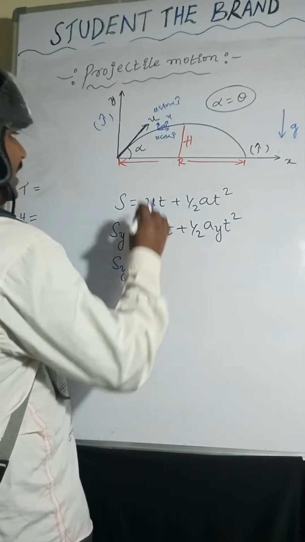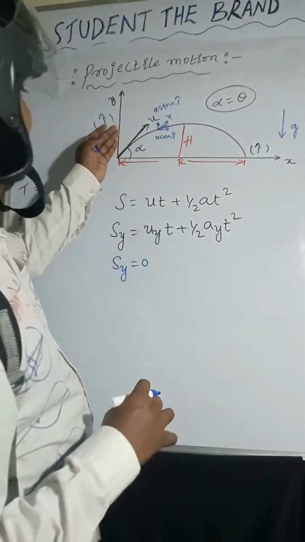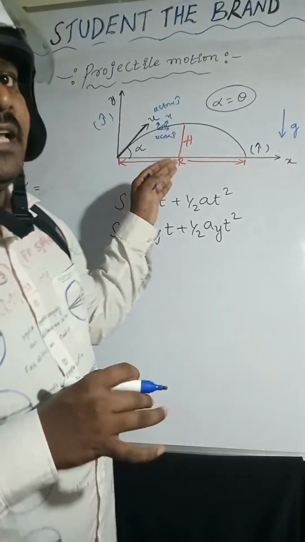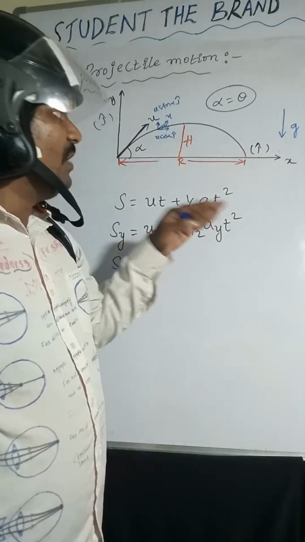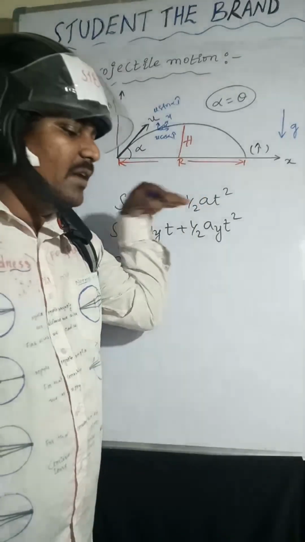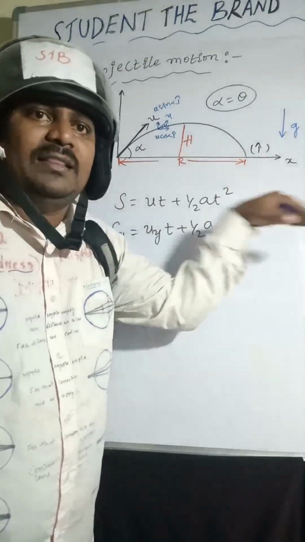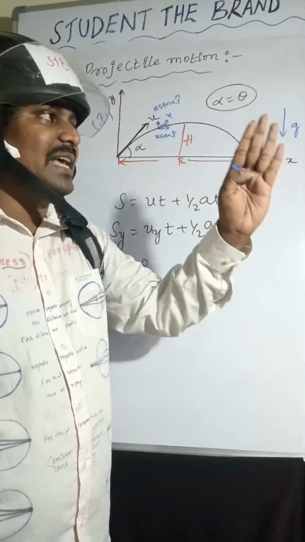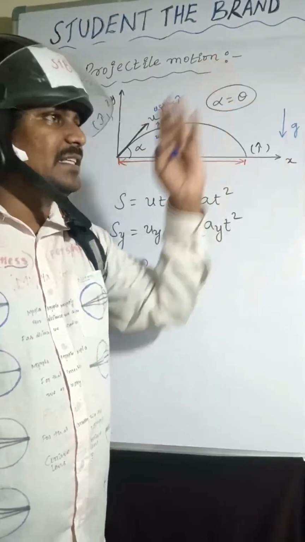Why? When you project the particle along the y-axis, you have to think only in the y-axis. If you are thinking x-axis, think only in the x-axis. X-axis means x-axis, y-axis means y-axis.